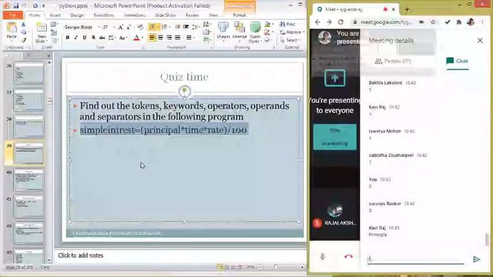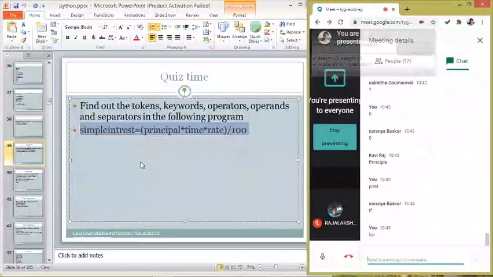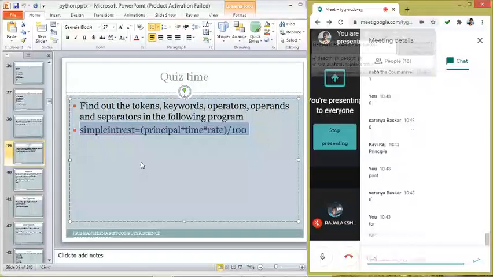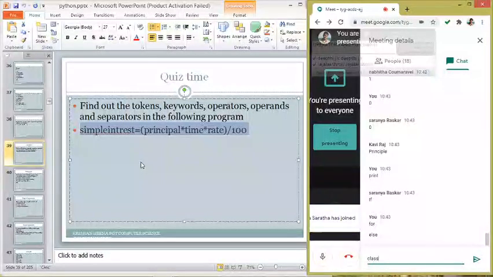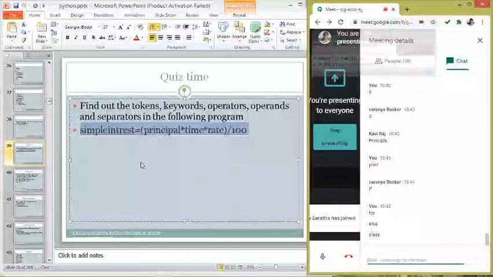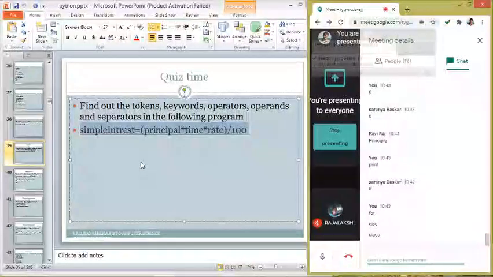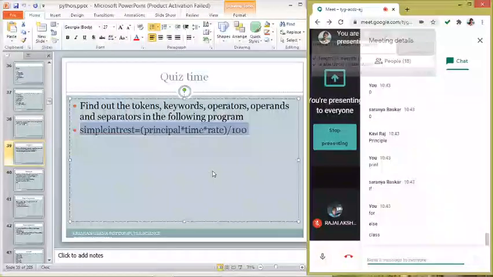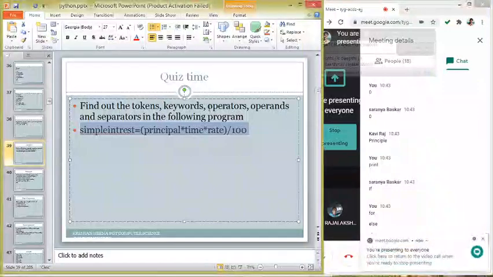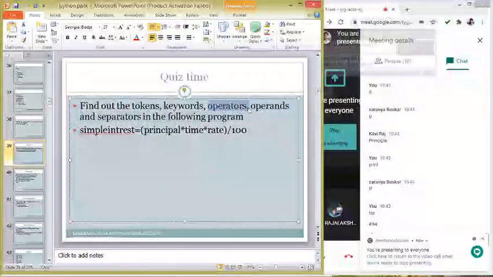Examples of keywords are print, for, else, class. But you are telling there is a keyword available. Bad.